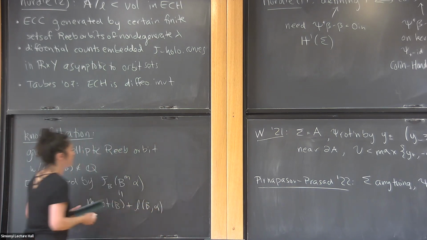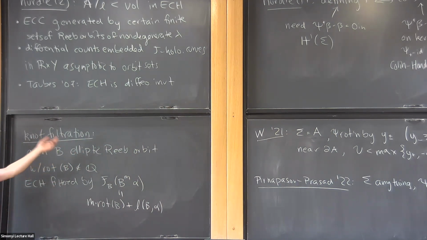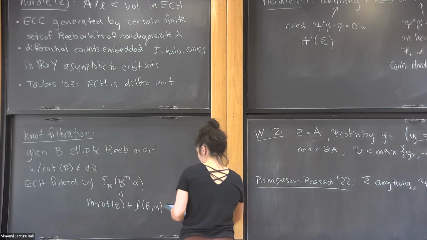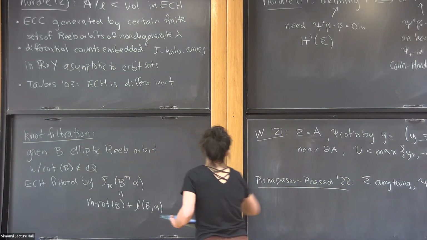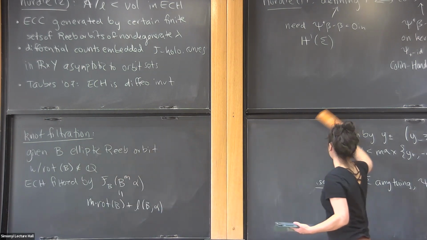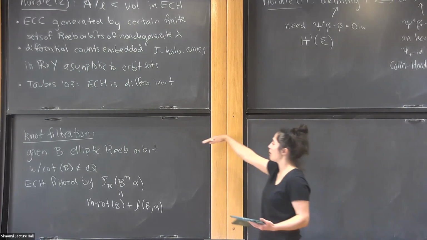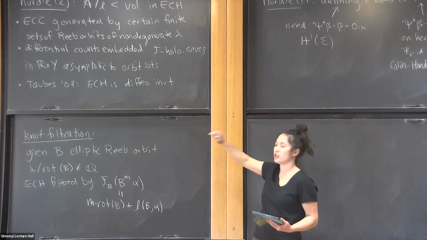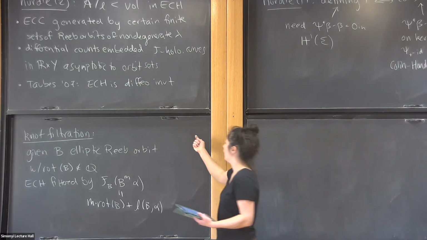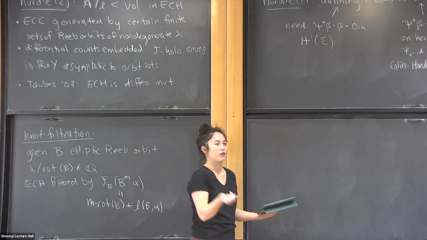So alpha is a set of Reeb orbits. You just take all the linking numbers, add them up with their multiplicities. So the nice thing about this filtration is that if you stop at a certain filtration level and you take the homology, that's an invariant of the contact structure. You could have picked whatever contact form you like.